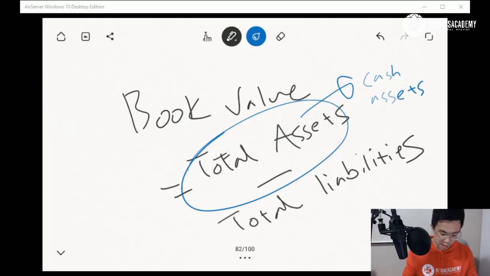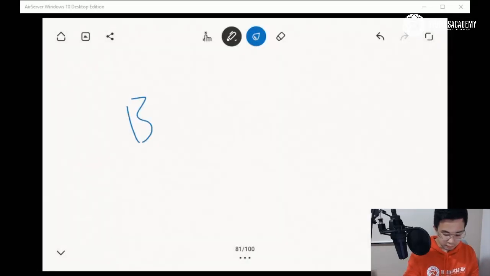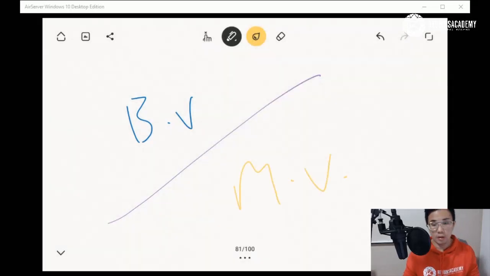So this is where I talk about the difference between book value and market value. Book value is the real value of the company, but sometimes the value of the company perceived by the market could be much higher.